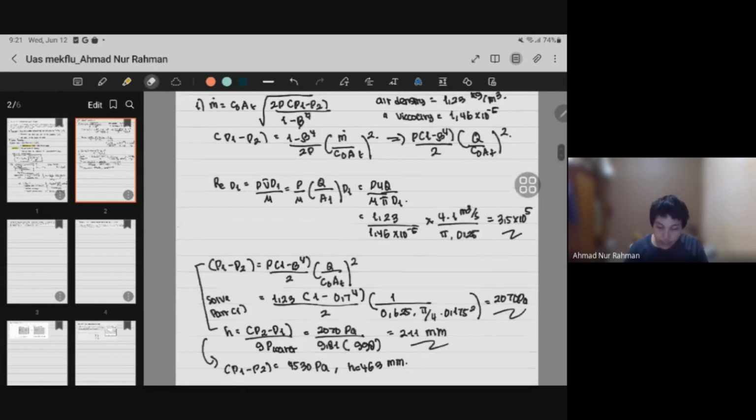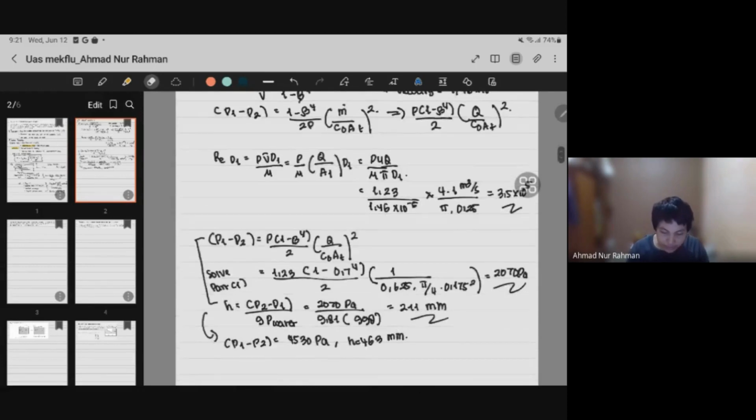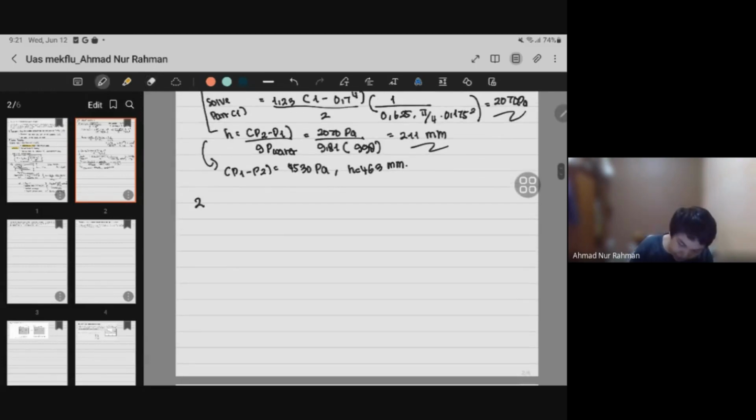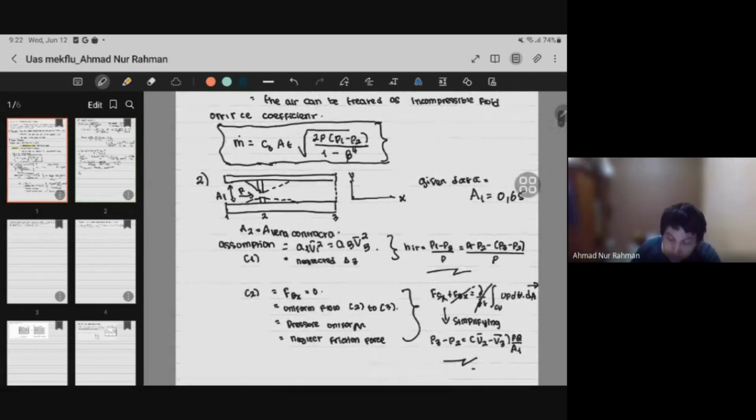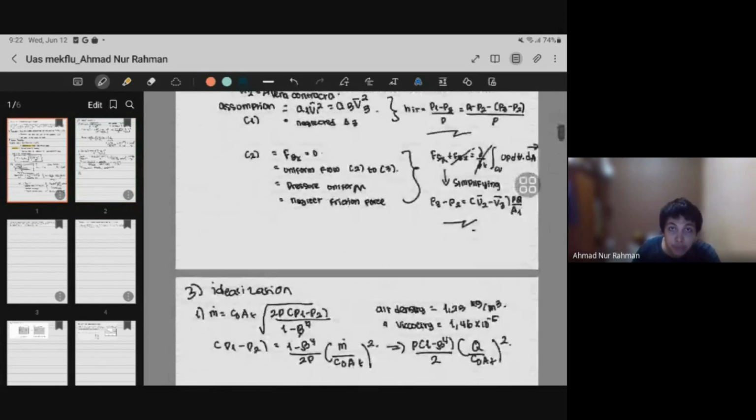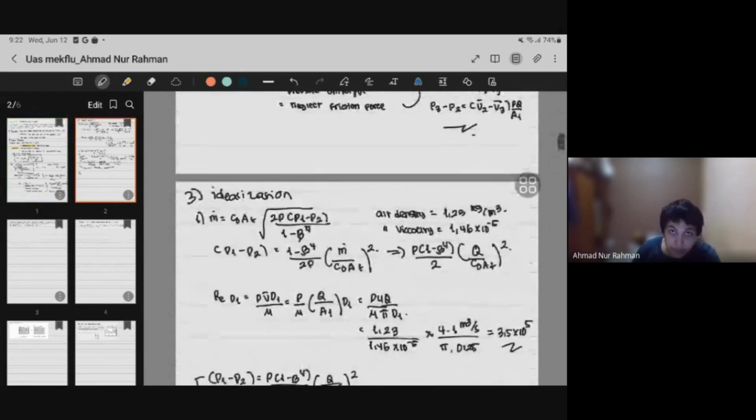Okay, we now go to the second step, the second problem. From the equation above, we start by noting that from the data above, V3 equals V1. So we need to find V2.